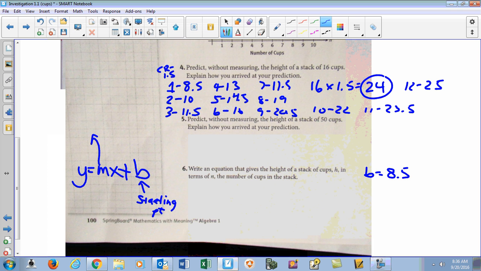What was our M in that general equation? Y equals mx plus b. Who remembers what M was? Yeah, they called it your slope, right? But it also means your constant rate of change, right? So our constant rate of change in this problem was 1.5.